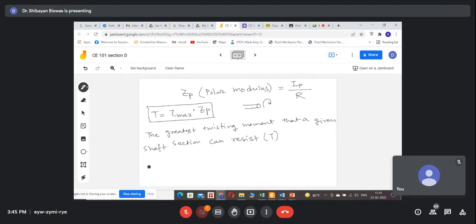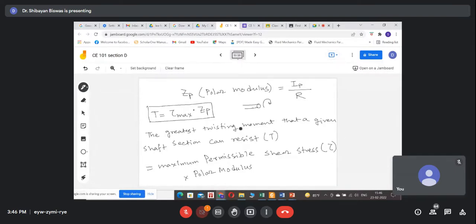So this is the greatest twisting moment that a given shaft section can resist, that is T, which equals the maximum permissible shear stress tau into the polar modulus. So this expression can be written in words like that.